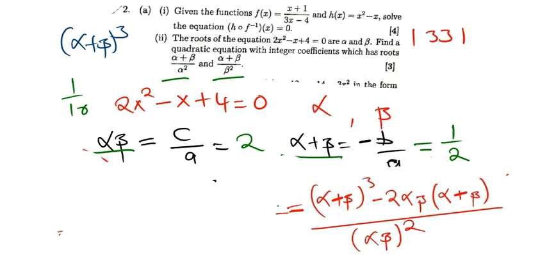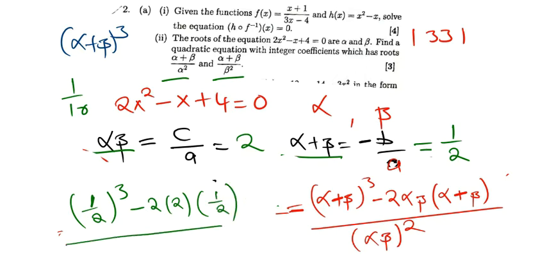And so alpha and beta is what? Is half. So we're going to have half to the power 3 minus 2 alpha beta, which is a 2, and then alpha plus beta is what? Is half, and then this is all to be divided by the product, which is 2 squared.